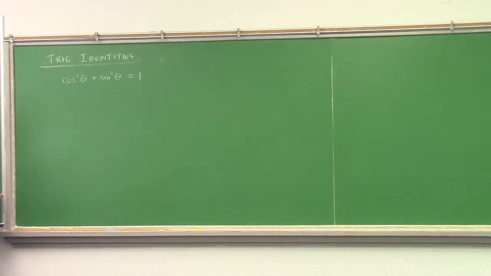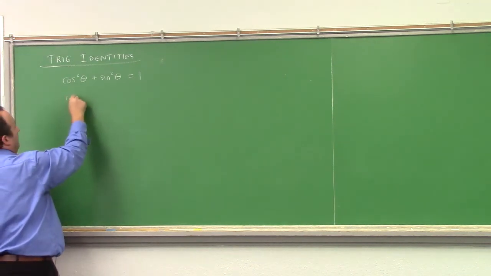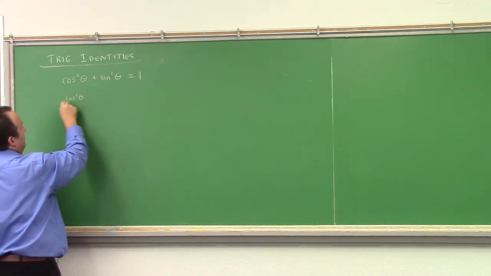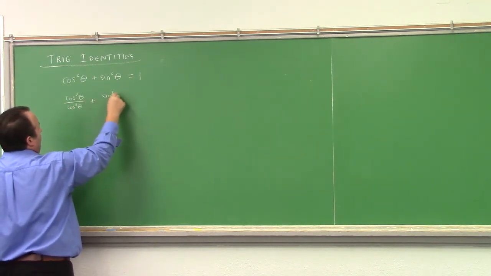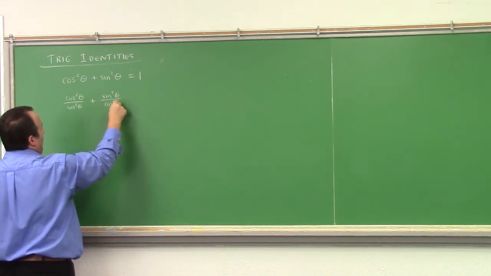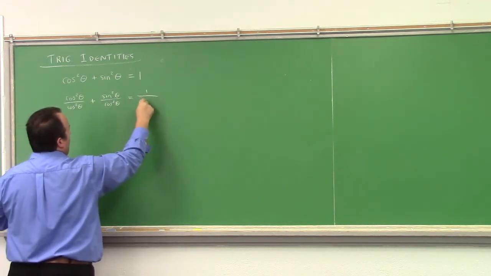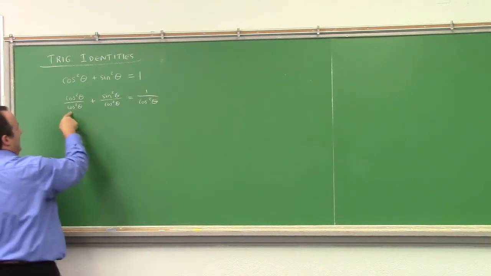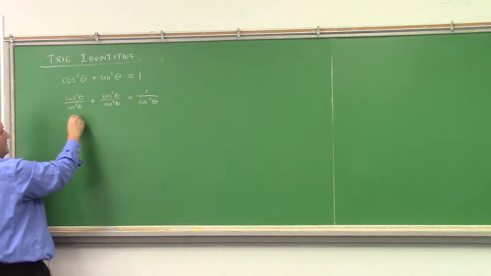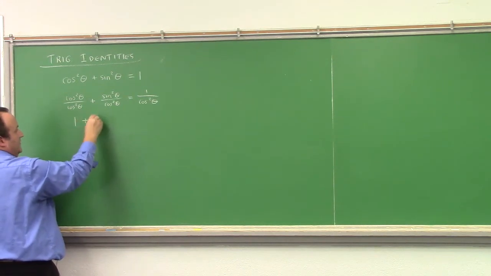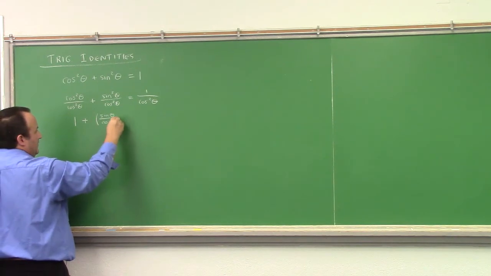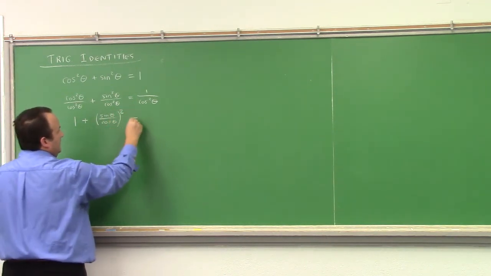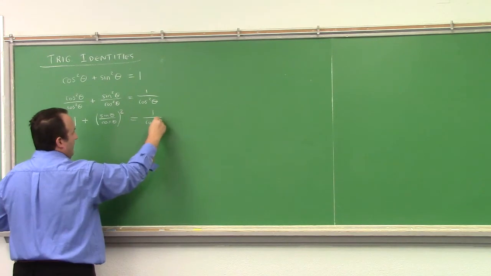If we take that and we divide by cosine squared, what do we get? So this gives me 1, and this gives me sine theta over cosine theta squared, plus 1 over cosine theta squared.